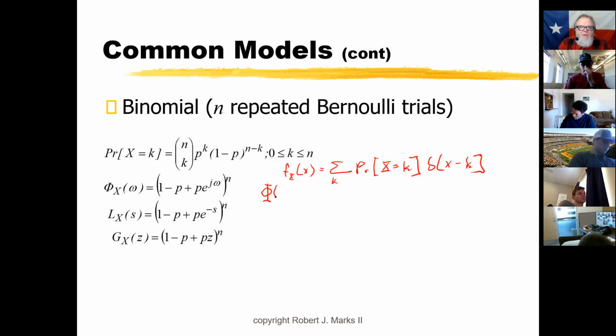The characteristic function is, first of all, written with a superscript of the random variable that we're describing, and it's a function of omega. This is equal to the summation over k of the probability that x is equal to k times e to the j omega k.